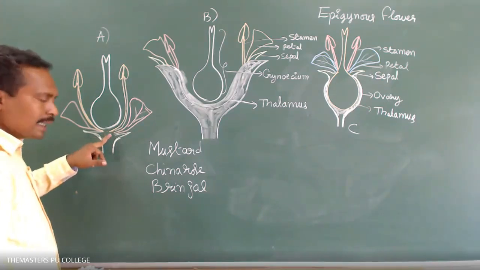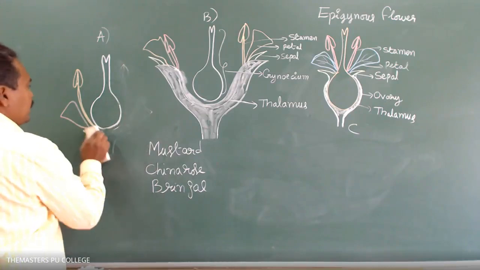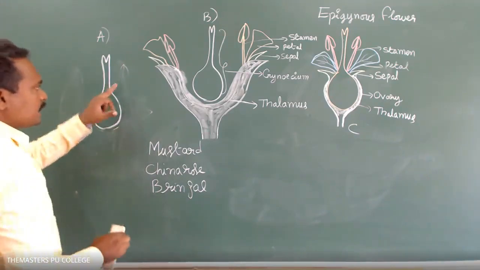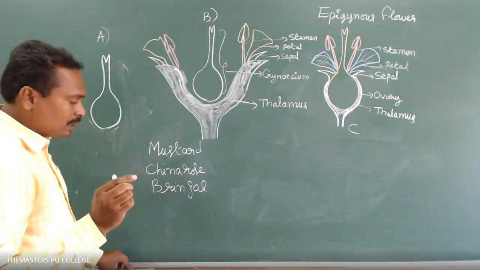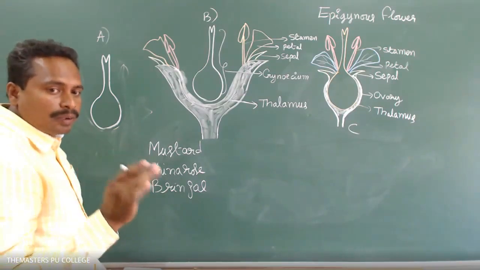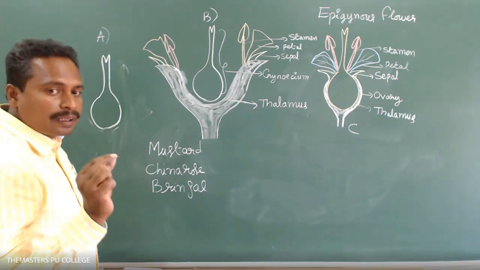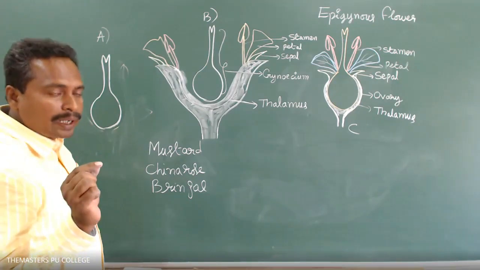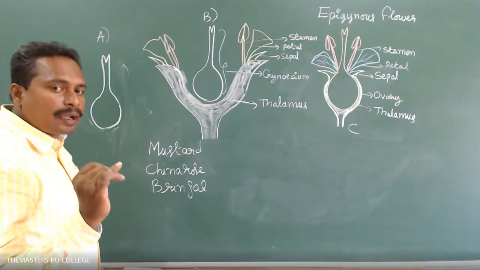Look here in this diagrammatic representation. This is the gynoecium part of the flower. You already know the parts of the flower. How many main floral parts are there in a flower? Four: calyx, corolla, androecium, and gynoecium.